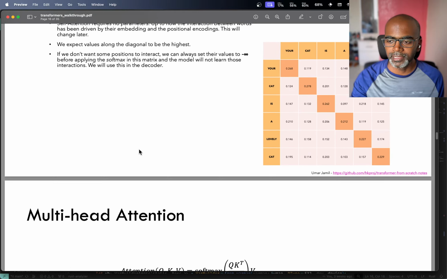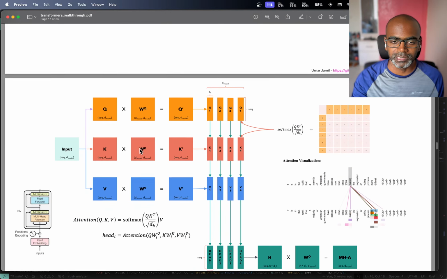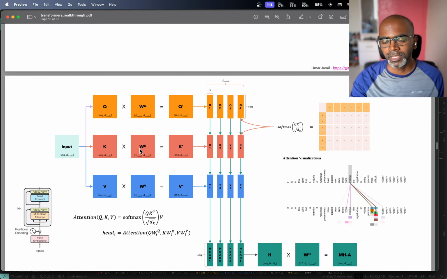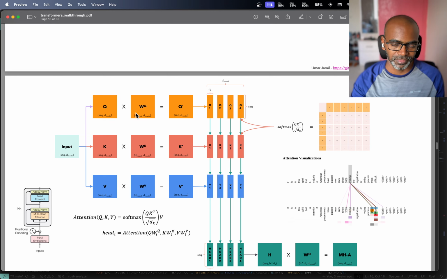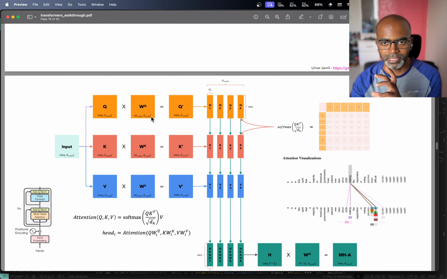And in that case, that's exactly where multi-head attention comes into the picture, where what we are effectively doing is taking the input, which is QKV. We again multiply that by another matrix, which is D model by D model.